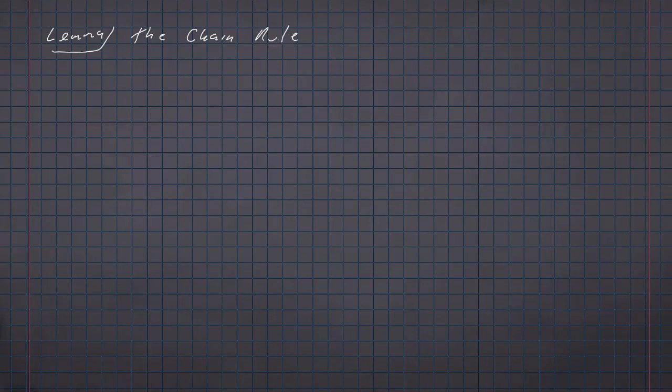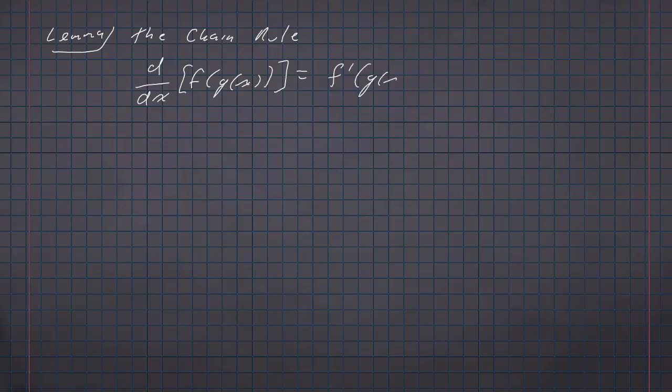Finally, let's pair these up with the chain rule that we talked about previously, which says that the derivative of f of g of x is f prime of g of x times g prime of x.